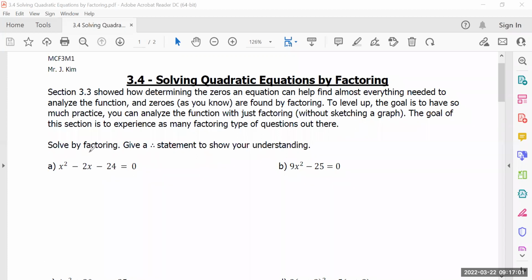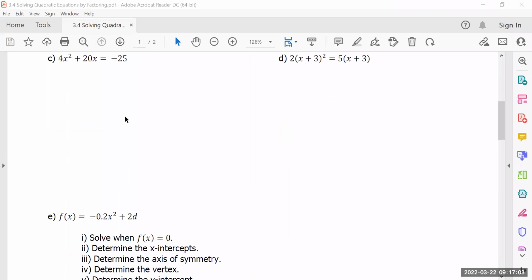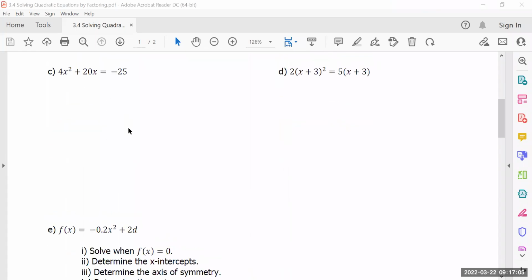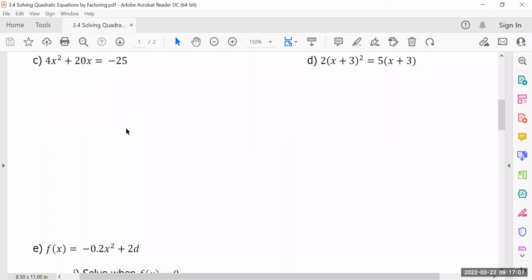I'm going to clear here. How about I zoom in a little bit so I have a little bit of space. Okay, let's set this to 0. This is going to be 4x squared plus 20x plus 25 equals 0.